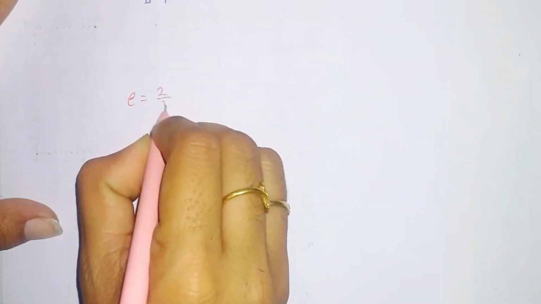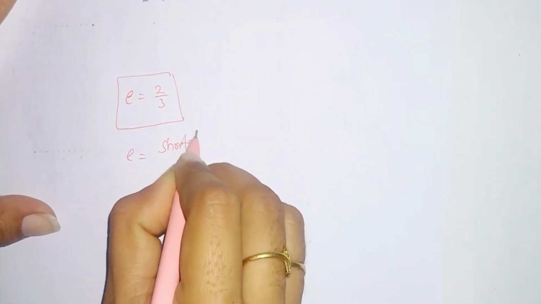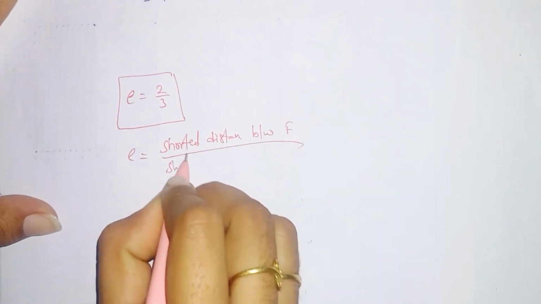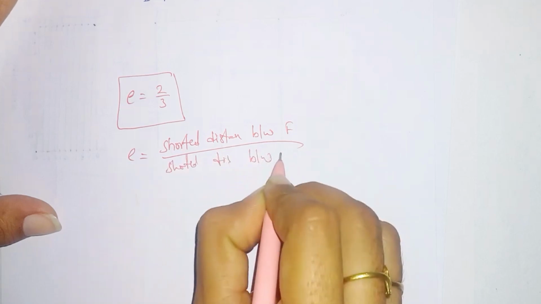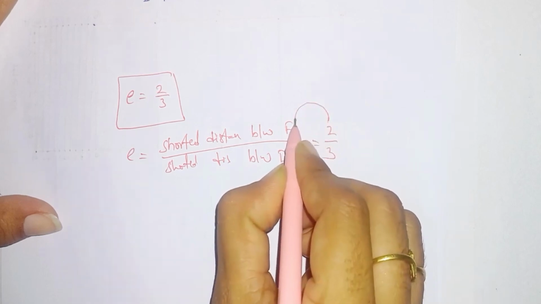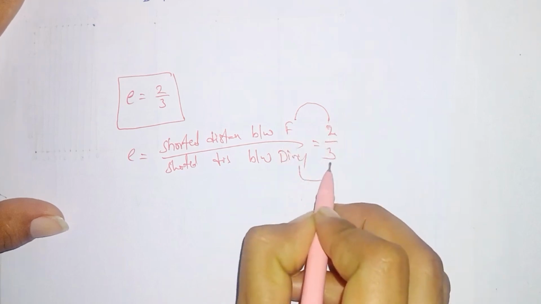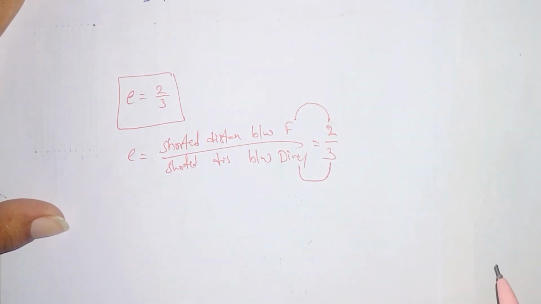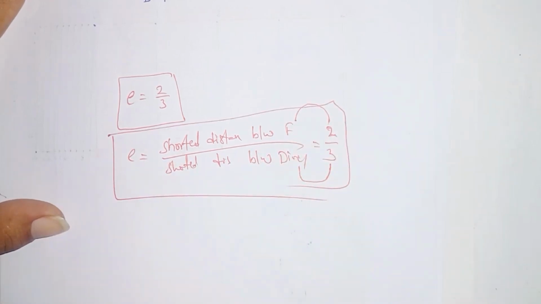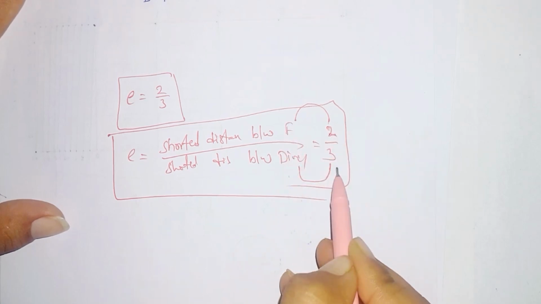E is equal to 2/3 is given for the ellipse, which means the shortest distance from the focus over the shortest distance from the directrix is 2/3. Mark the V point: from the focus it is 2, and from the directrix it is 3.